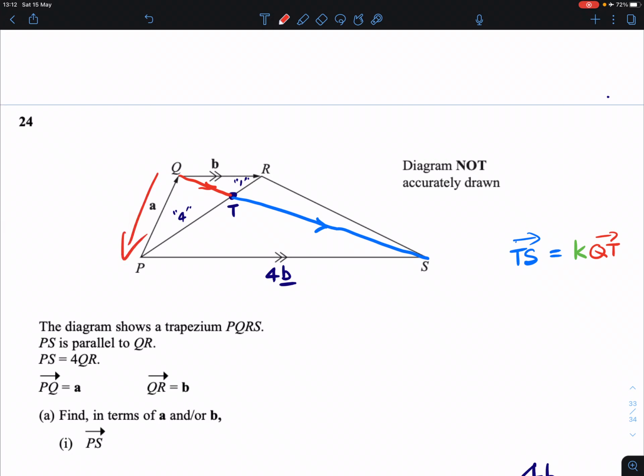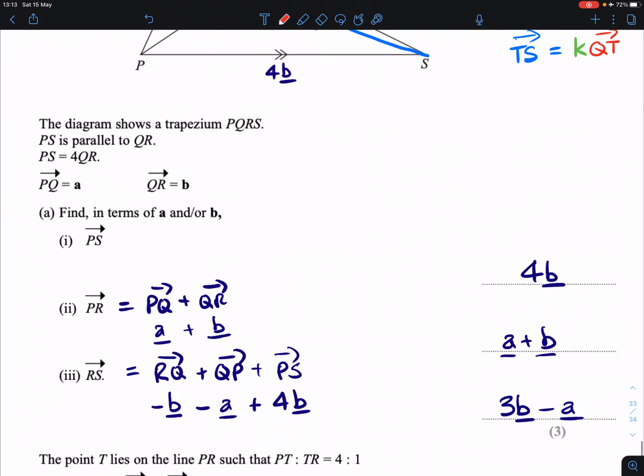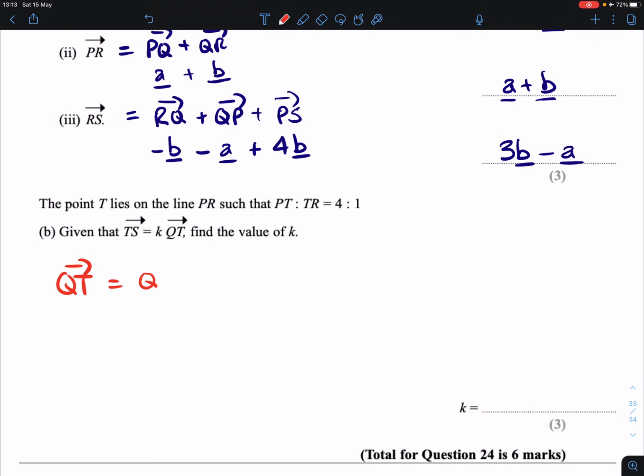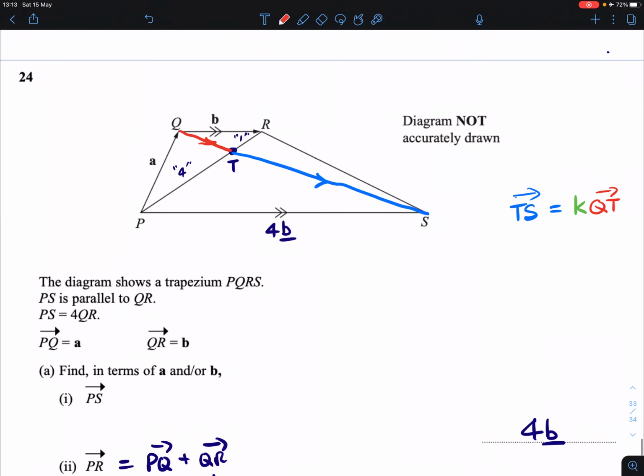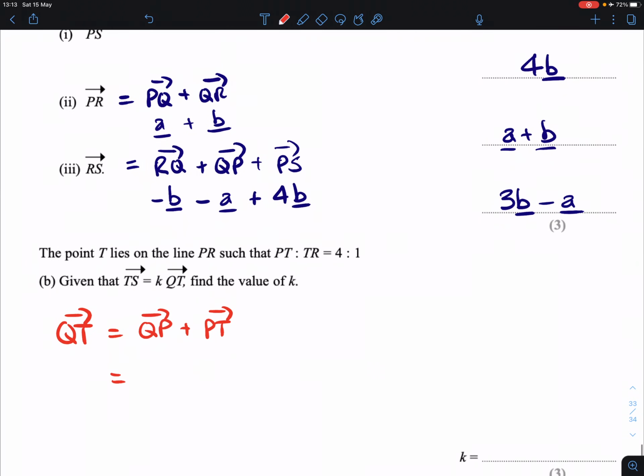We have Q back to P, and then P up to T, which is a fraction of P to R. So just writing this down, we're going to have Q to P, and then P to T. Q to P is minus A, just going back the way here, and then P to T is a fraction of P to R. We use our ratio here, 4 to 1 means that there are 5 parts, so 4/5 of that P to R will be P to T.